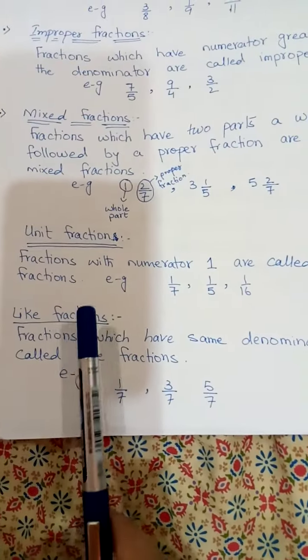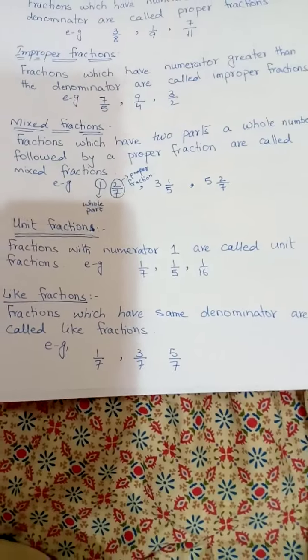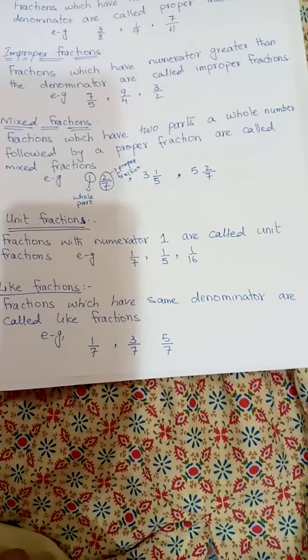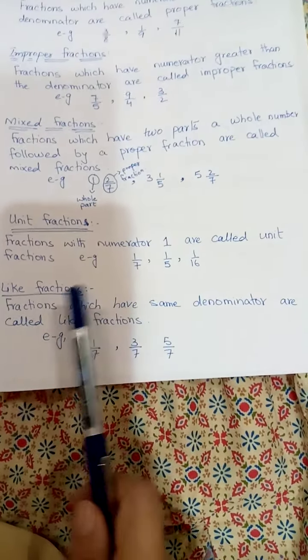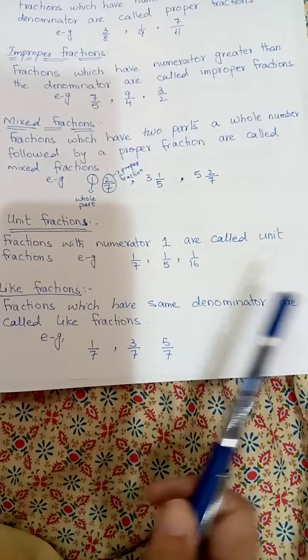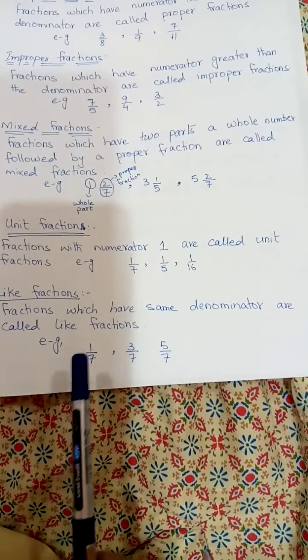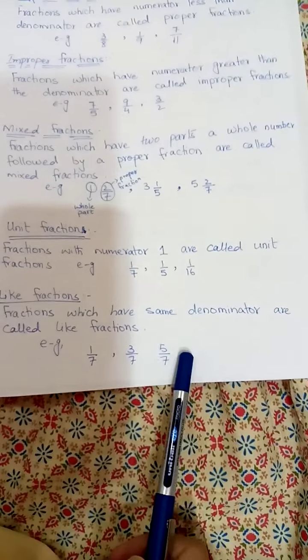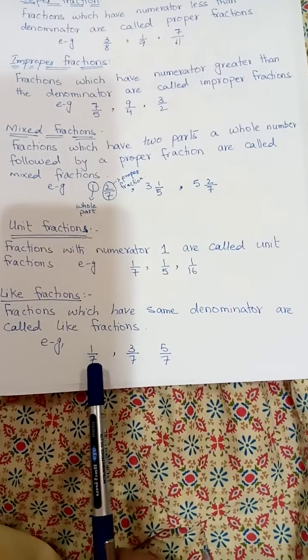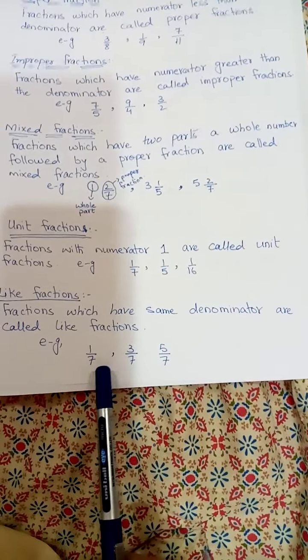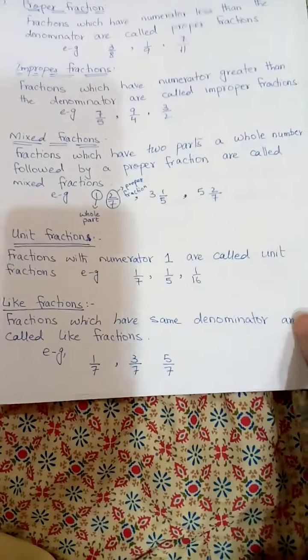Our next type is like fractions. Like its name, like, we are going to see that fractions which have same denominator are called like fractions. You can see all these three fractions, and in these what is common, what is same, the denominator is same.